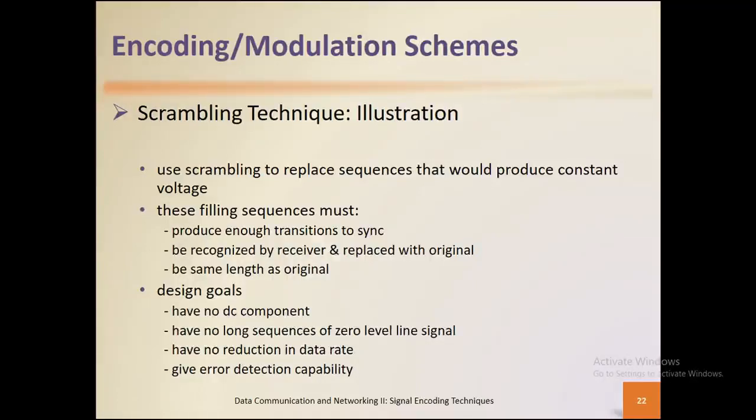The filling sequence also must have the same length as the original. And if you look at signals in general, it's not easy to maintain the same signal length all the time. Since we deal with electronic devices, you're bound to encounter some challenges with signal fluctuation, really voltage fluctuation.